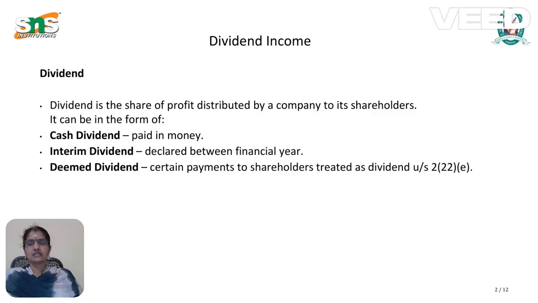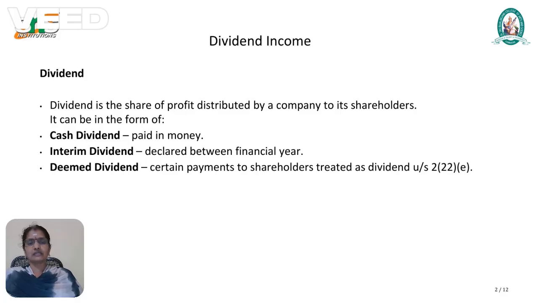The third category is deemed dividend. This is a certain amount paid to shareholders that is treated as dividend under the Income Tax Act. The deemed dividend is a payment that will be treated as a dividend to the shareholders as per the norms of the IT Act.